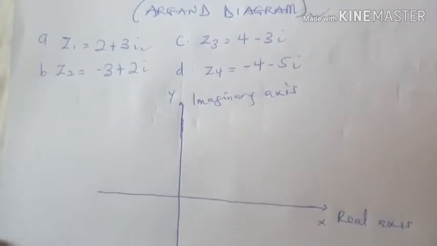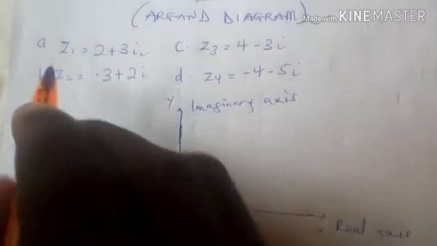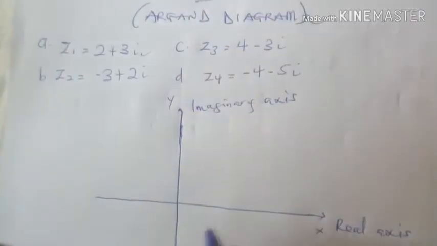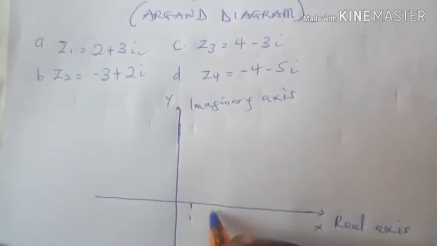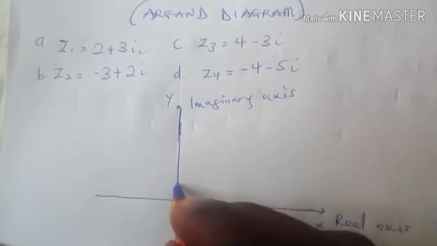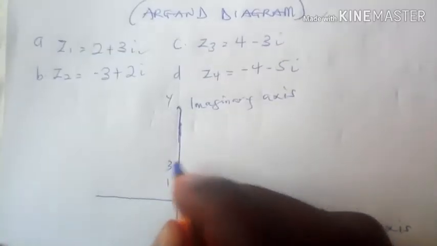So now let's see how we represent the complex numbers. We start with z1. The real part is 2, so you pick 2 on the real axis, and the imaginary part is 3.